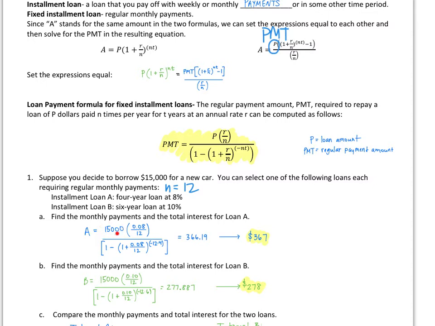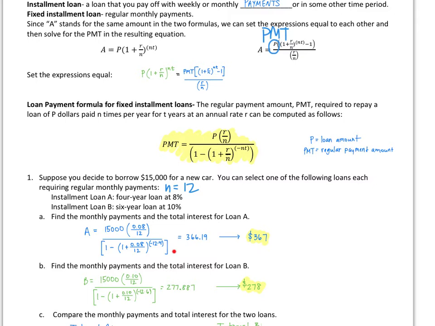So P, what we're borrowing, is $15,000. Our rate is 0.08. We're going to make 12 payments per year, so monthly payments, and we're going to put that over 1 minus the quantity 1 plus our rate over our monthly payments, raised to the negative 12 times 4, because we're having this for a 4-year loan. Be careful with your calculator.